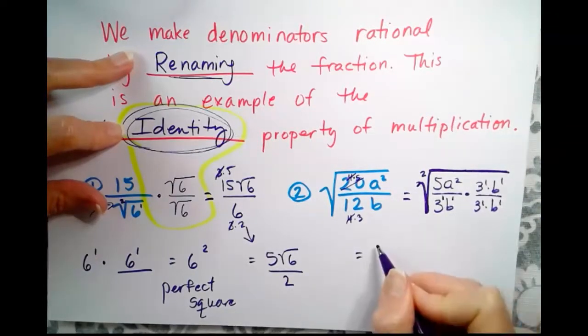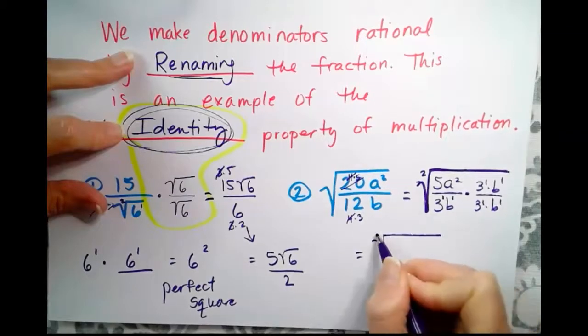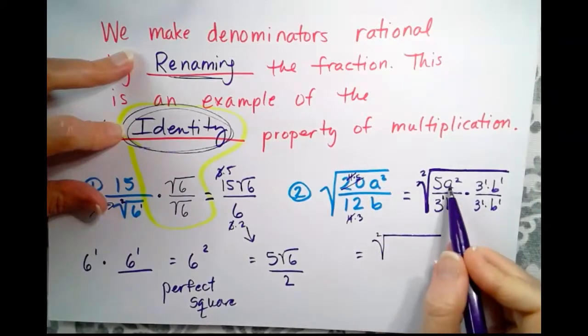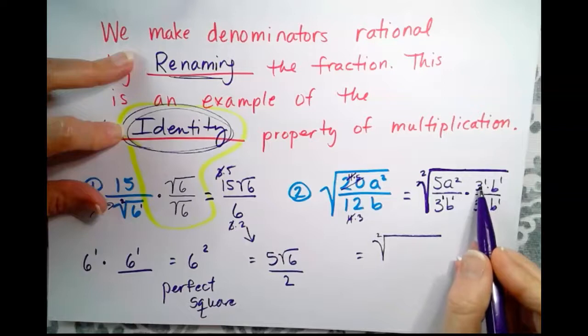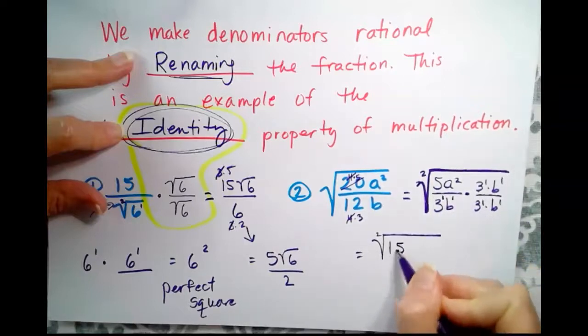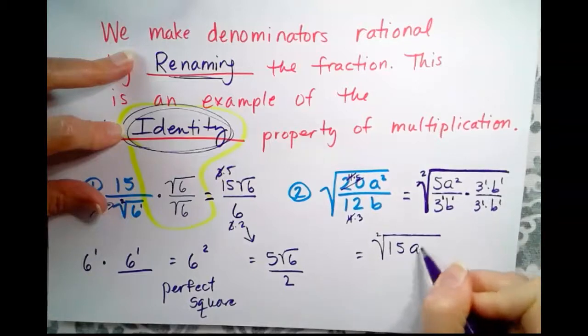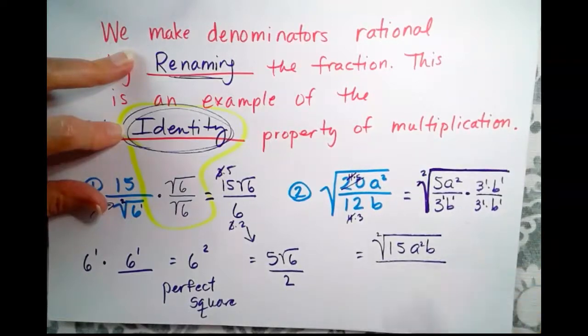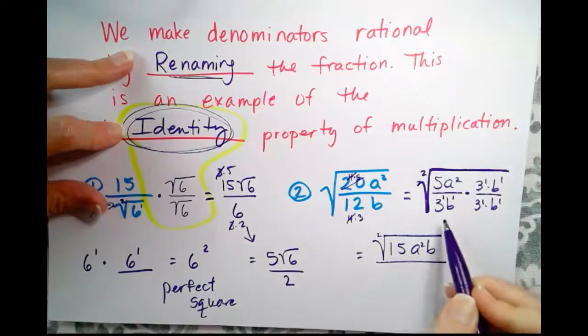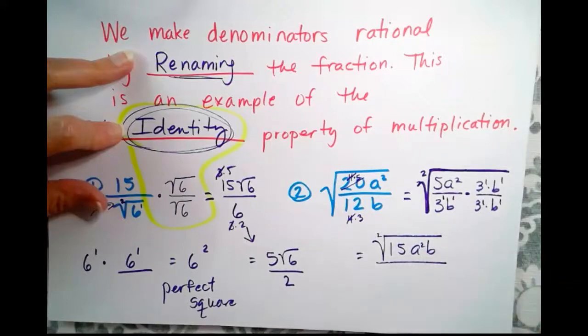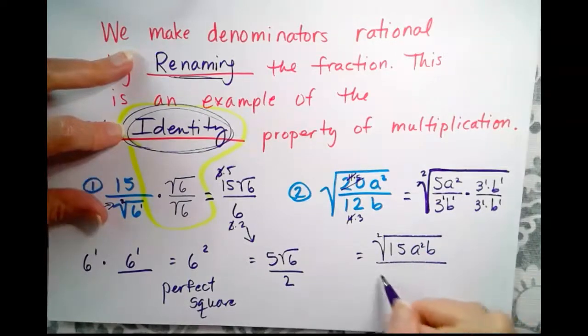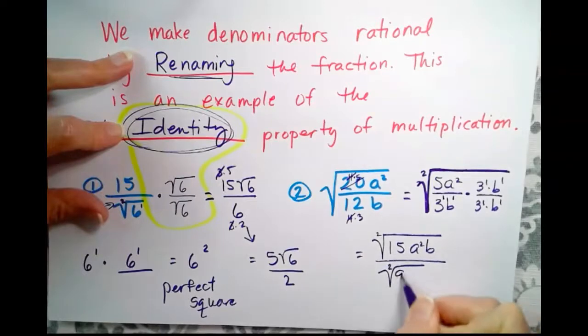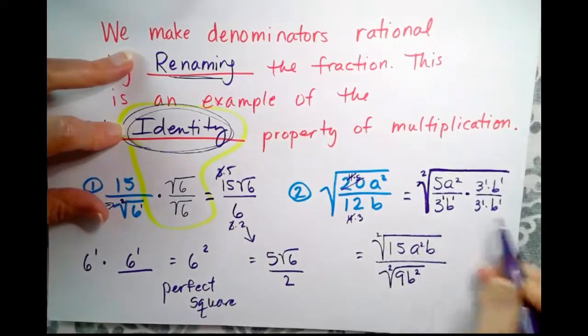So on the top, I'm going to have 5a squared times 3 times b. So 5 times 3 is 15, a squared b. We'll deal with the a momentarily. On the bottom, we have the square root of 3b times 3b. 3b times 3b is the square root of 9b squared.